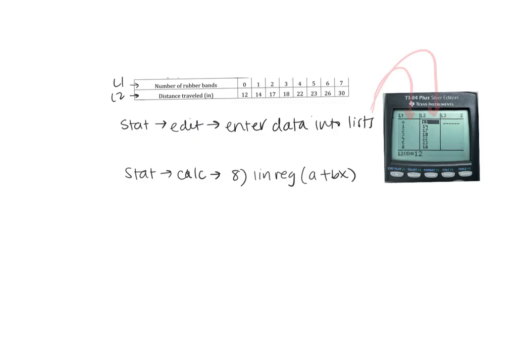However, that is not for statistics, okay? So we want to use option 8. And then you're going to enter your lists accordingly. If you have a yellow calculator, it should say, what do you want X to be? List 1. What do you want Y to be? List 2. And then you hit enter. Frequency list, keep that blank. Okay, and then you hit calculate.